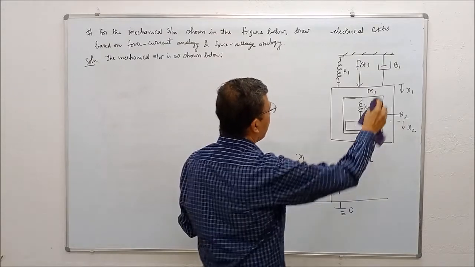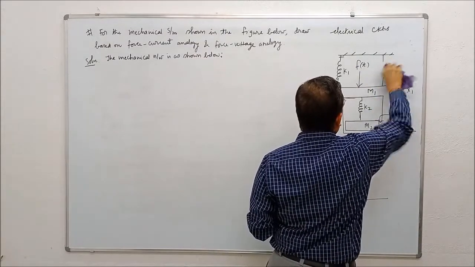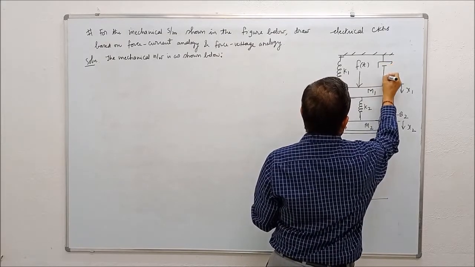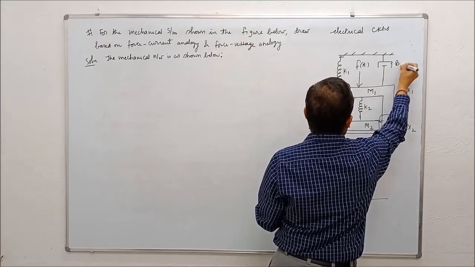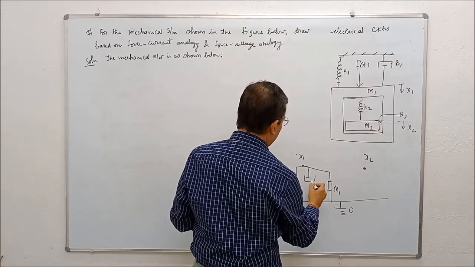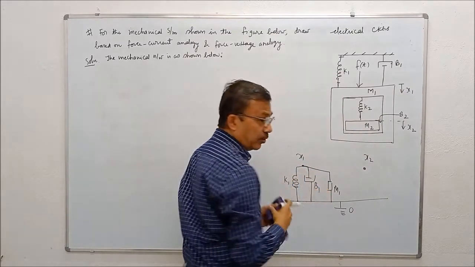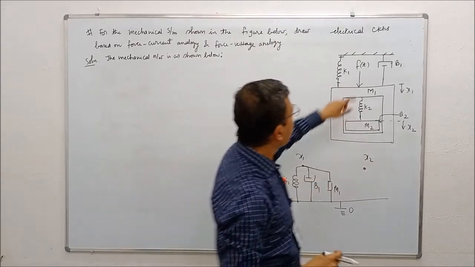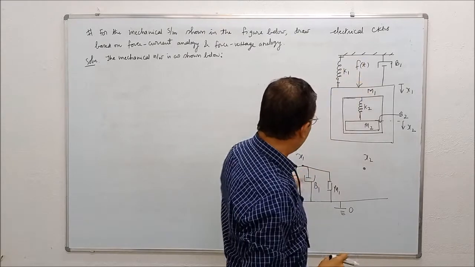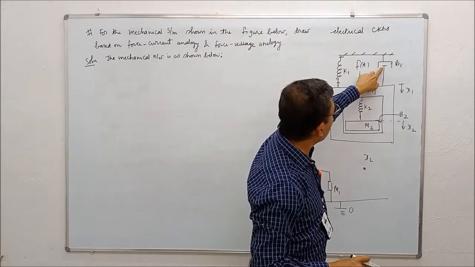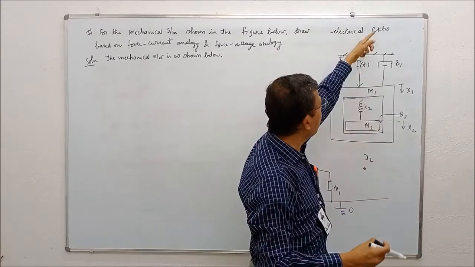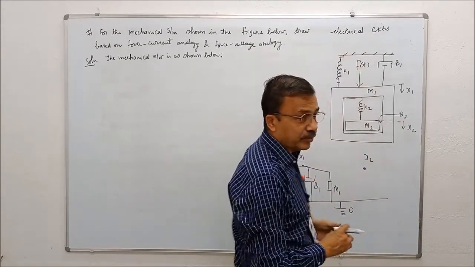So the direction of B1 I will redraw. This is B1. Normally, we have a cylinder in which a piston is connected. So we have a cylinder in which you have a piston. This is the piston. The piston is connected to M1. The cylinder is connected to the stationary surface, which is the ground.